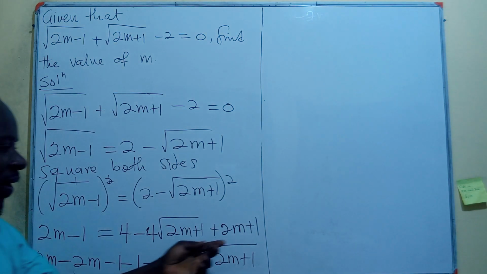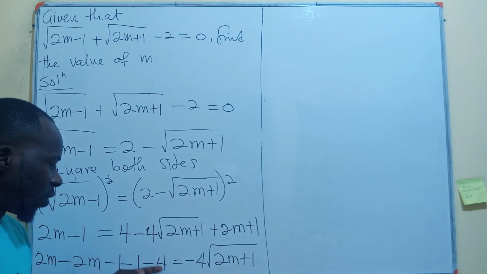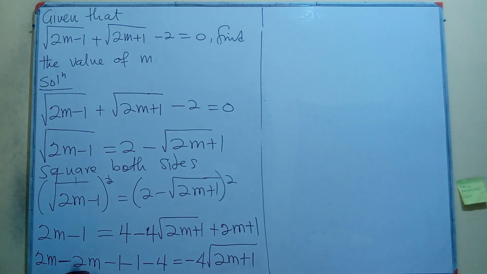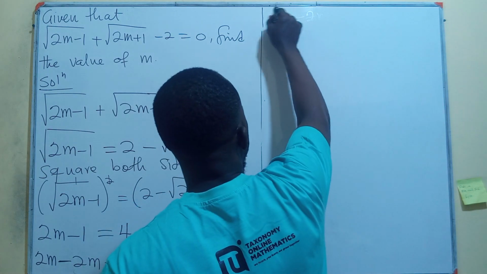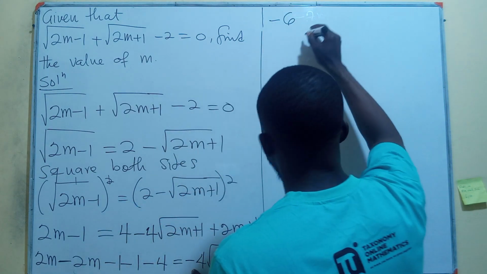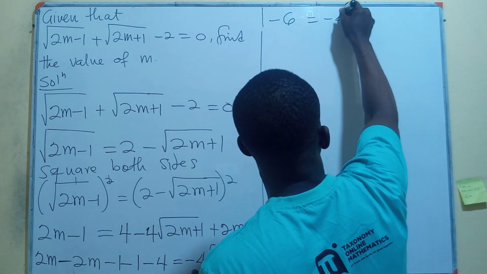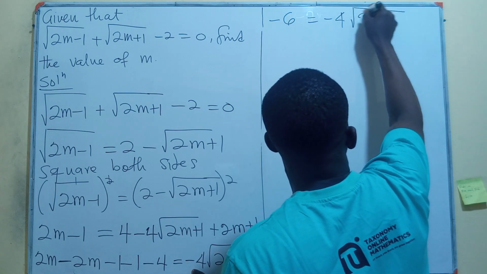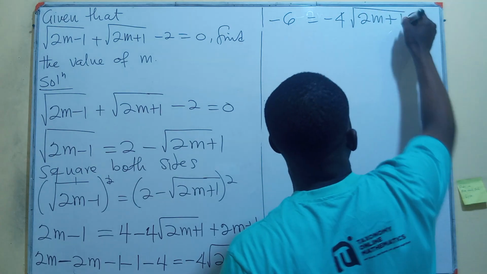So we are only transferring these three terms to the left hand side so that we can deal with them as one. 2m minus 2m gives us 0. Minus 1 minus 1 minus 2 minus 4 gives us minus 6. So you have minus 6 equals negative 4 the root of 2m plus 1.